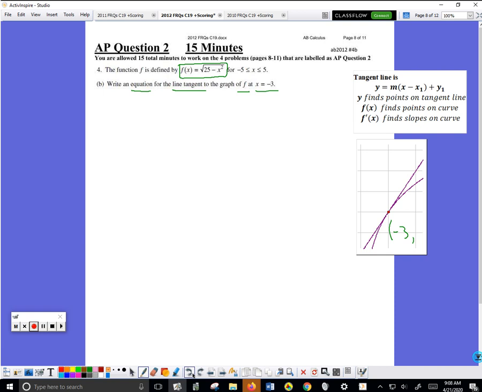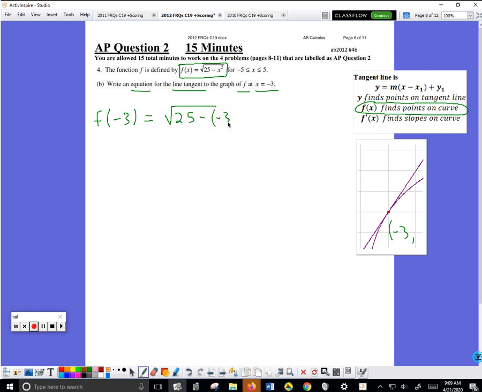So f of -3 is the square root, because remember right here, f finds points on the curve. The golden notes. So we have 25 minus, the x-coordinate is -3.